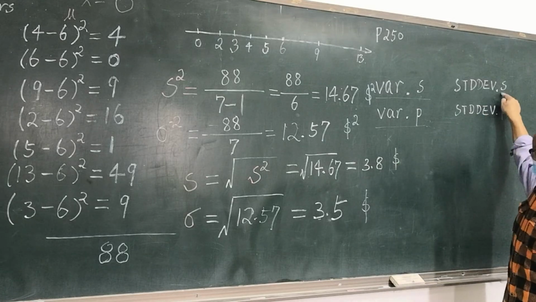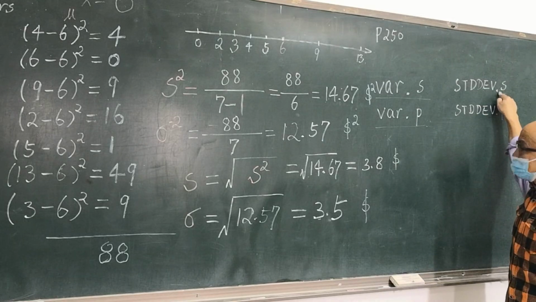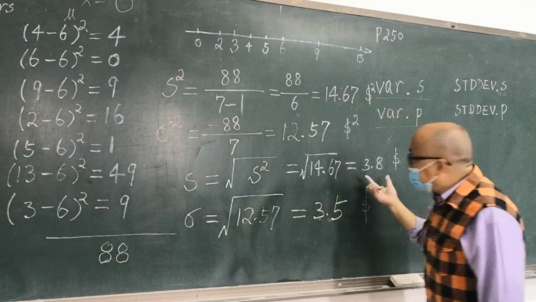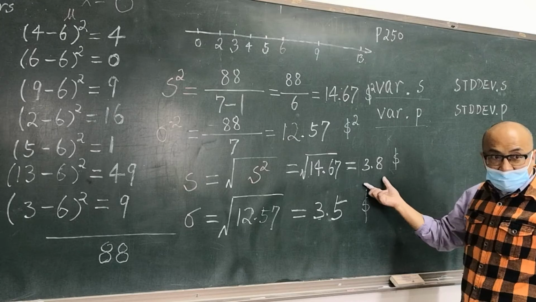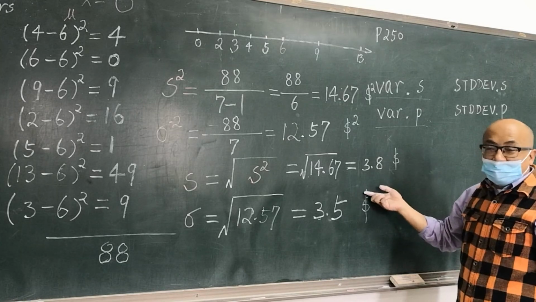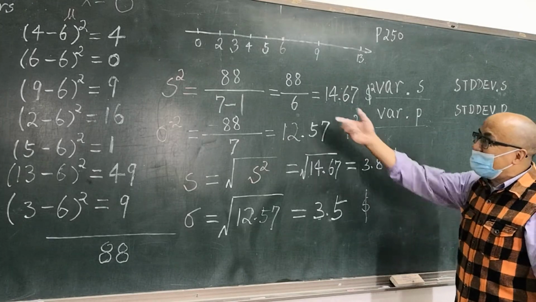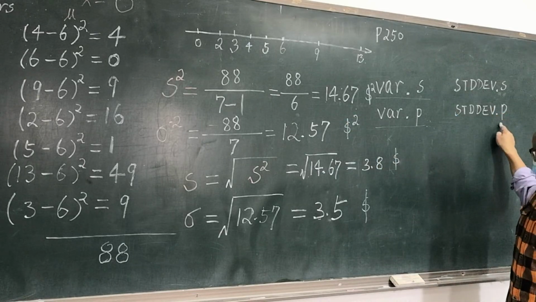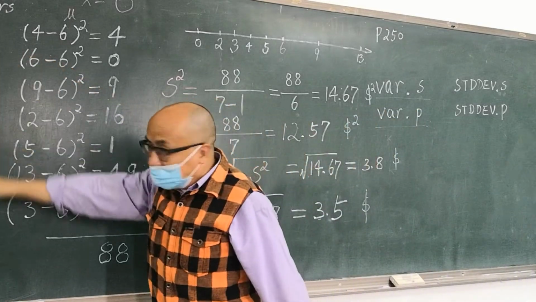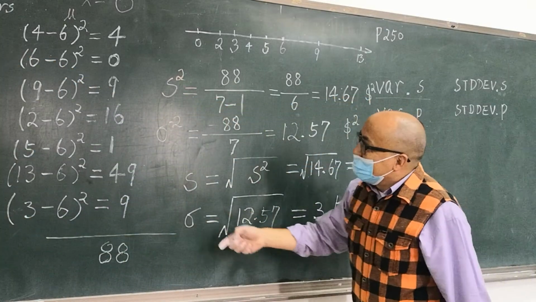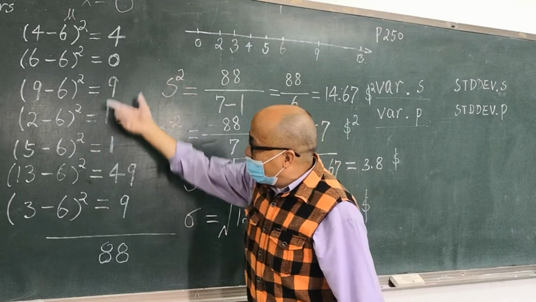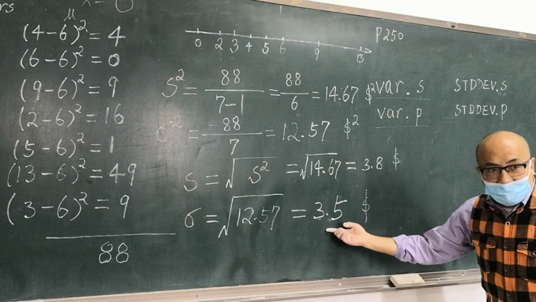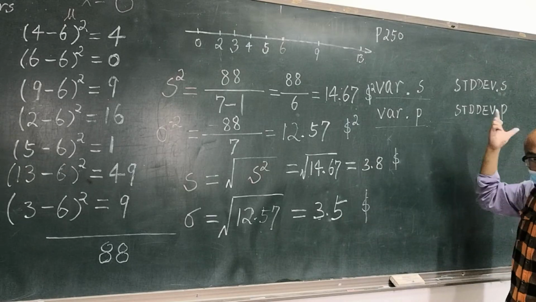So if you select this function and select this range, this number will pop up. And people don't even care what is going on. If you select this and select these numbers, the Excel will do this for you, do this for you, and do this for you, and this 3.5 will pop up.